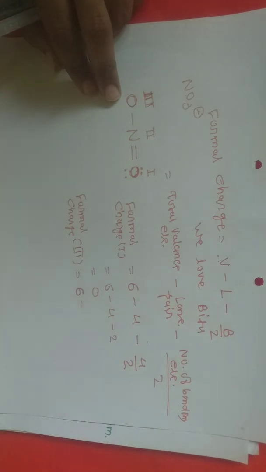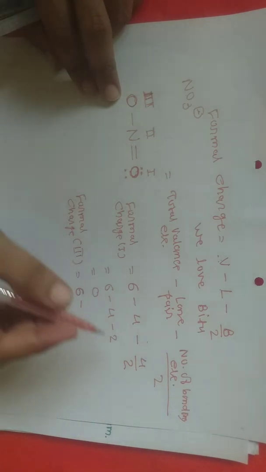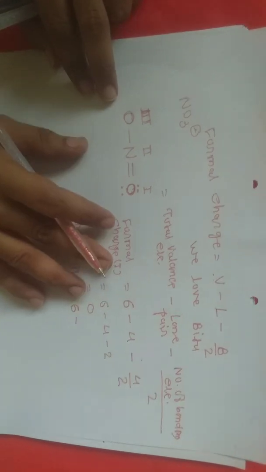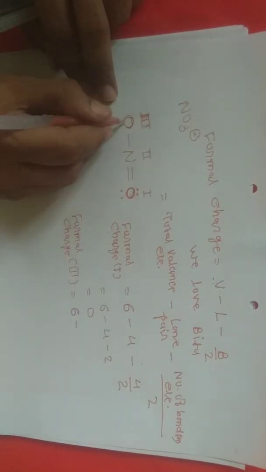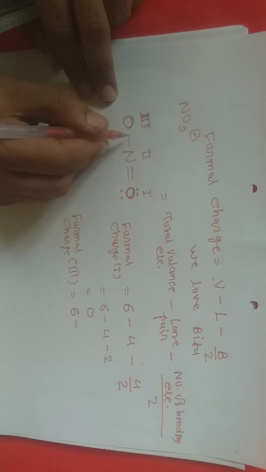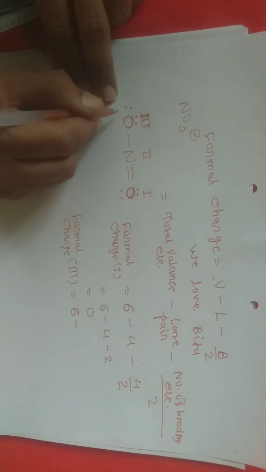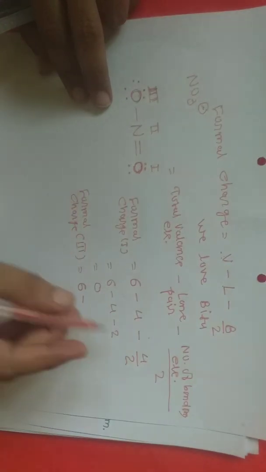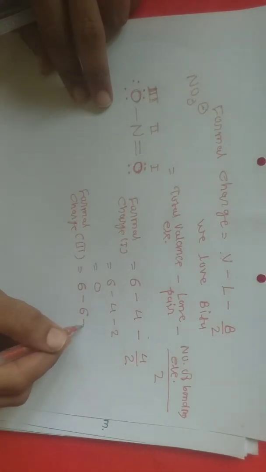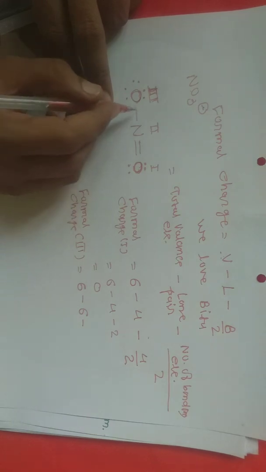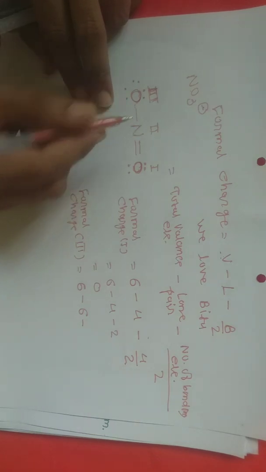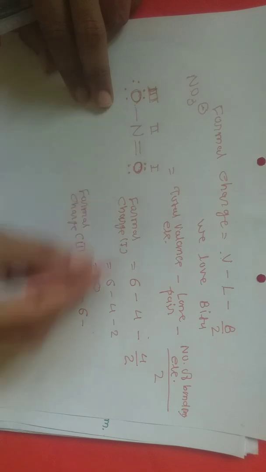Now here we have to know the number of lone pair electrons. Oxygen has a total of 8 electrons around it. Out of these 8, 2 are used in bonding. So how many remain? Total 6 are there as lone pair electrons. So I will write 6 minus bond pair. Bond pair is 1 and 2. So total 2 bond pair electrons.